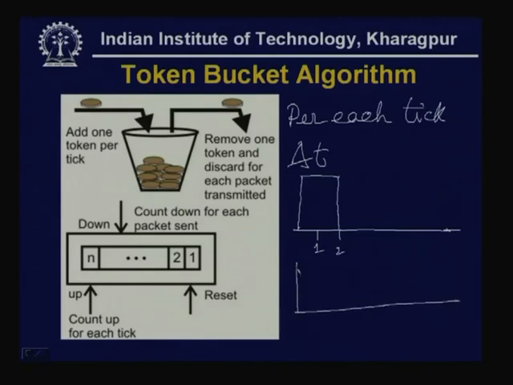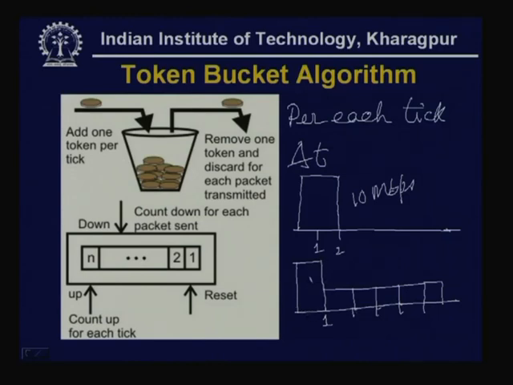Maybe for 1 second it will send at the rate of 10 megabits per second, and assuming that 5 tokens were stored, after that, of course, for 5 more seconds. So this is 1, and then 2, 3, 4, 5 remaining, rather it will take 6, because 5 more. So in 6 seconds all the packets are transmitted.